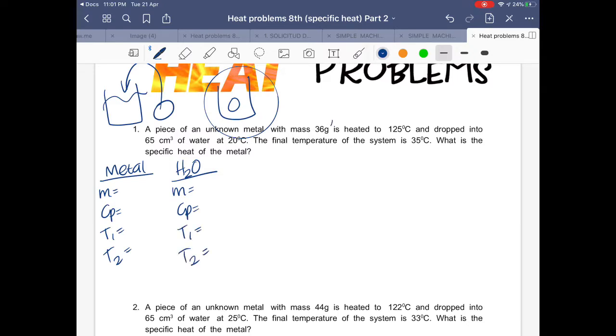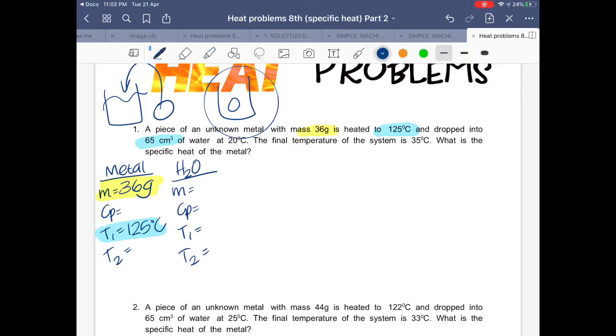We have the metal with a mass of 36 grams. 36 grams here, 36 grams here. And your initial temperature is 125 degrees Celsius. Temperature 1, 125 degrees Celsius. And it has 65 cubic centimeters of water.